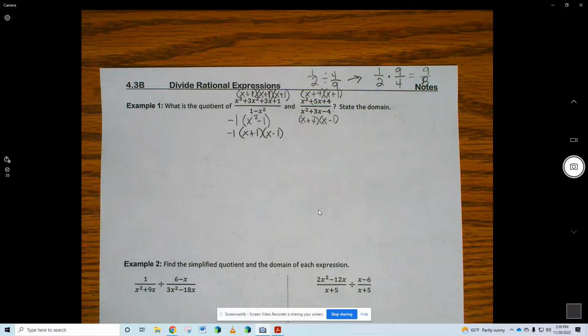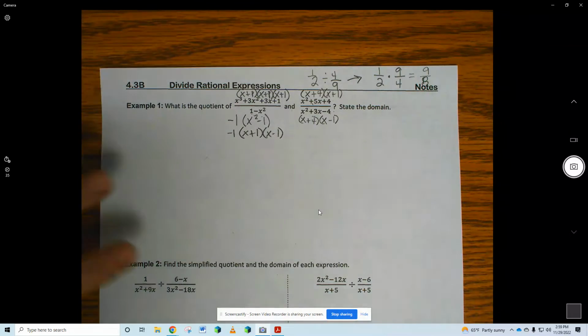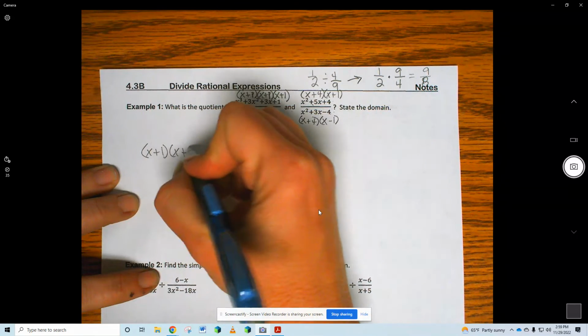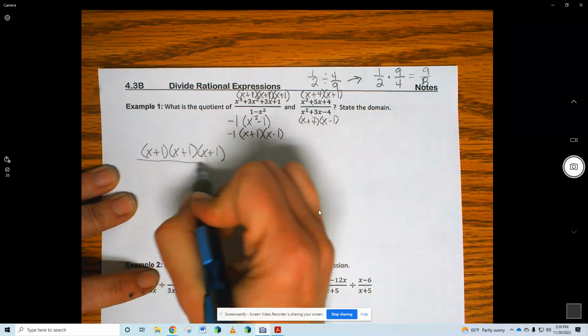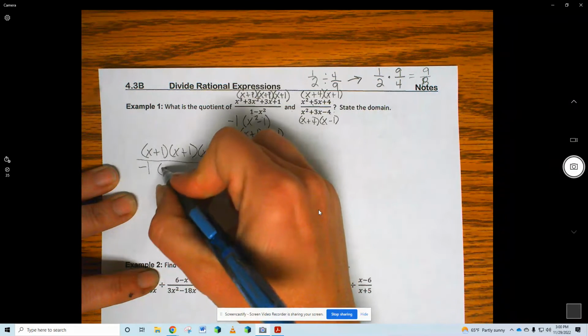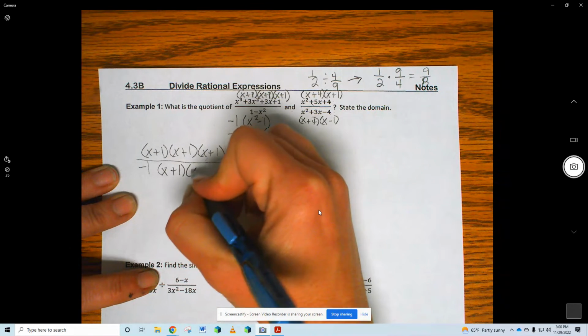I'm going to rewrite the first fraction in its simplest form, which is x plus 1, x plus 1, x plus 1. My denominator is -1 times the difference of squares, x plus 1, x minus 1.